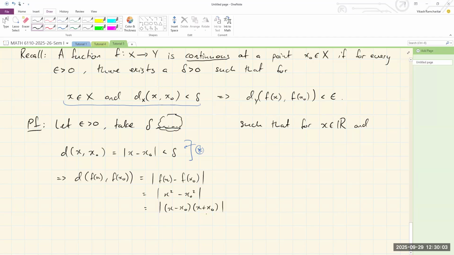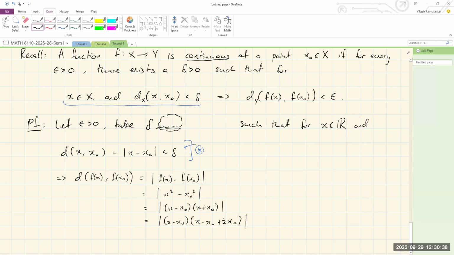Okay, and again, I want to see x minus x0. So I already have one of the terms being x minus x0, but the second one I have x plus x0. That's not a problem because I could always write this second bracketed term as x minus x0 plus 2x0. It's the same thing.